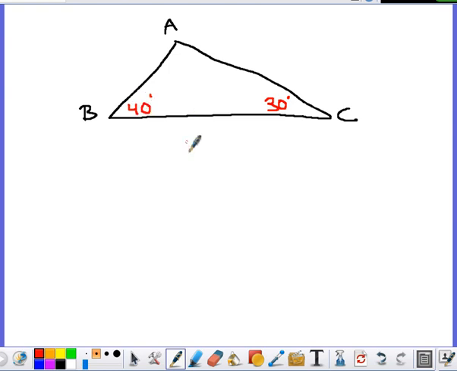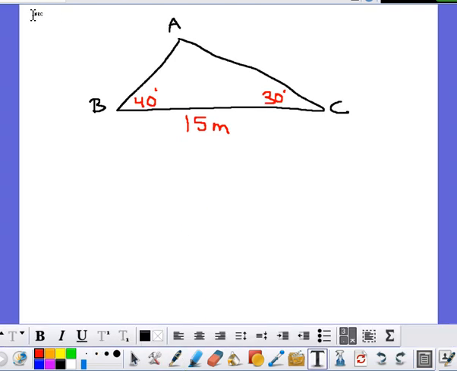And then we'll say that this side here is 15 meters. Then the question might say something like, solve for side length B. Question: solve for B.